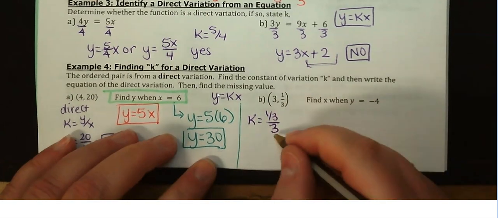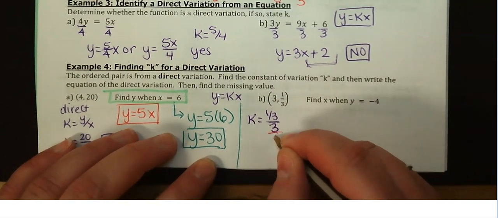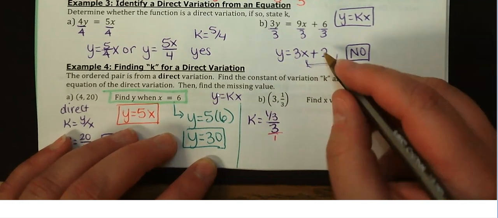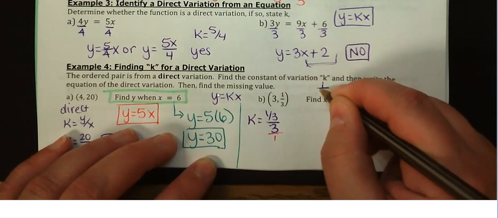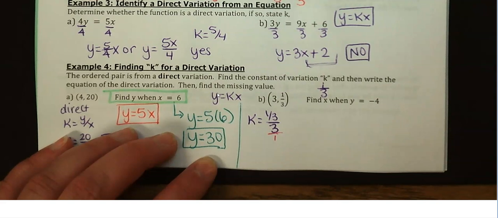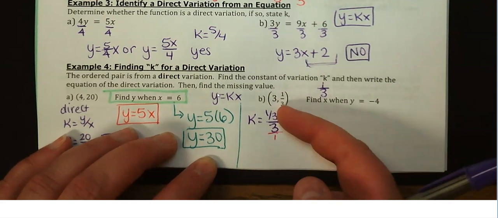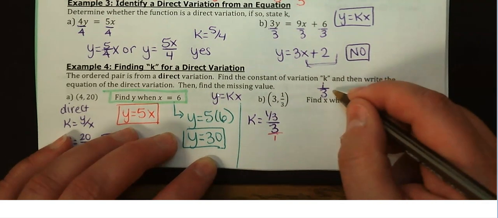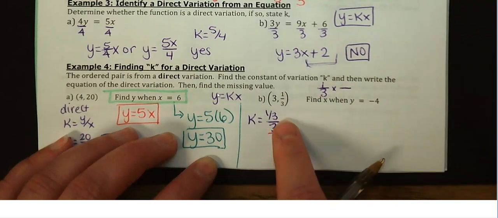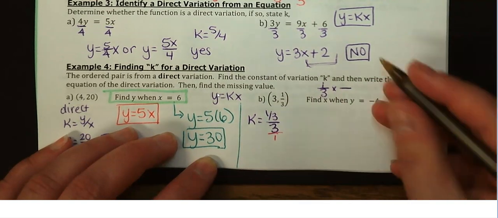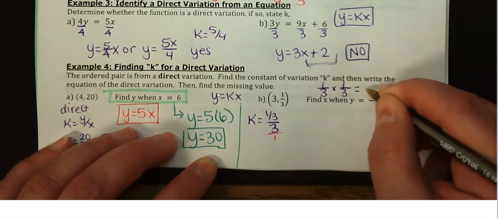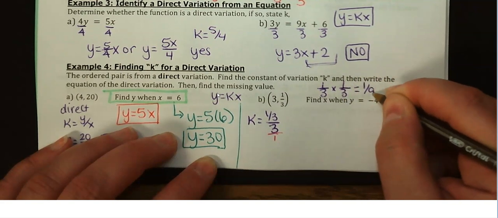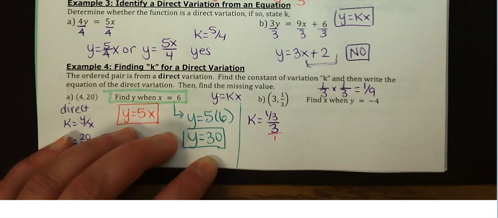If you have to divide a fraction by a plain number, so if I have 1/3 divided by 3, think about dividing by something being the same as multiplying by its reciprocal. I keep that 1/3, change that division to multiplication, and flip 3 over, the reciprocal, which is 1/3, which multiplies straight across the top, straight across the bottom, giving you 1/9.